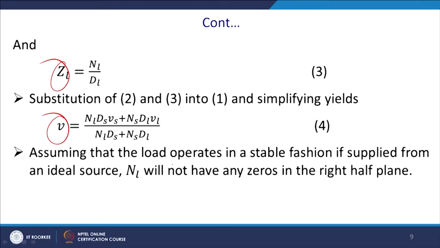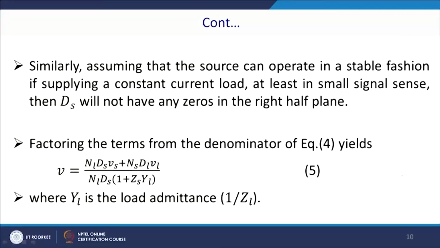Assume that the load operates in a stable fashion. If supplied from an ideal source, NL will not have any zeros in the right half of the S plane, and thus the system is going to be stable. Similarly, assume that the source can operate in a stable fashion if supplying a constant current load separately, at least in the small signal sense. Then DS will not have any zeros in the right half of the S plane.